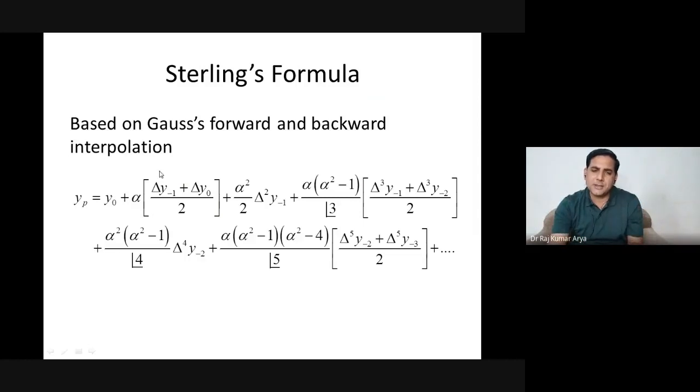So you will see here also forward and backward average. All the places you are taking the forward and backward average of 2, and this is your formula for Bessel's interpolation formula actually.